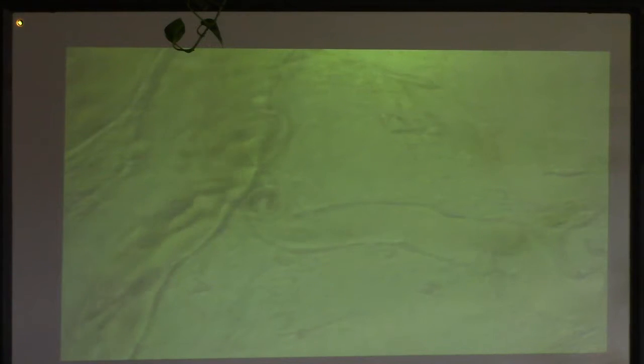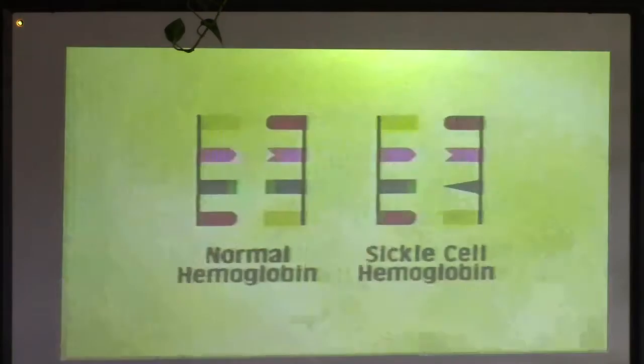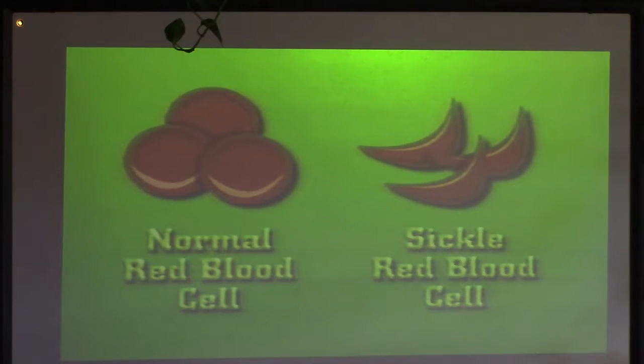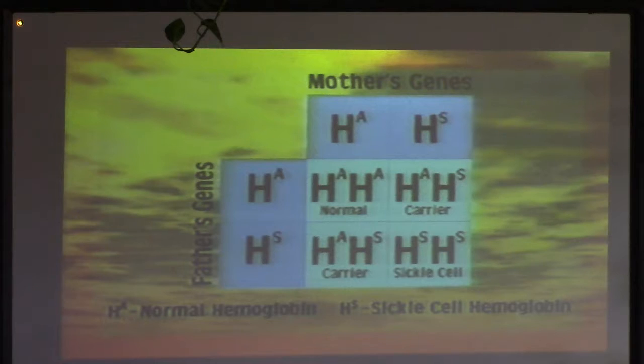The protein is hemoglobin, the molecule in red blood cells that carries oxygen to all the cells of the body. There is one small difference between the gene for sickle cell hemoglobin and the gene for normal hemoglobin. This small difference results in sickle-shaped blood cells in the blood of people with the disease. People with sickle cell anemia have inherited one sickle cell gene from each parent.